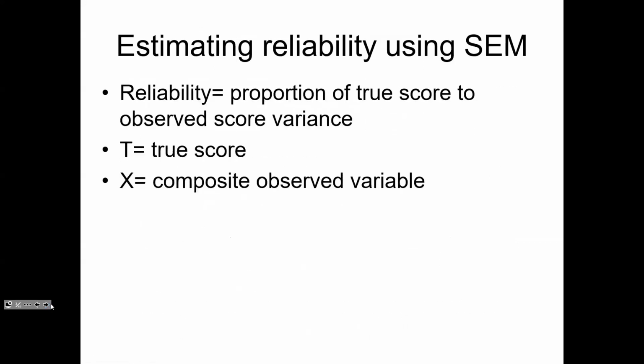All right. So let's talk about how we're going to estimate reliability using structural equation modeling or latent variable models. We're back into measurement models, and we're thinking about reliability. Remember that reliability conceptually, and we have talked about it throughout the semester, is just the proportion of true score variance to observed score variance.